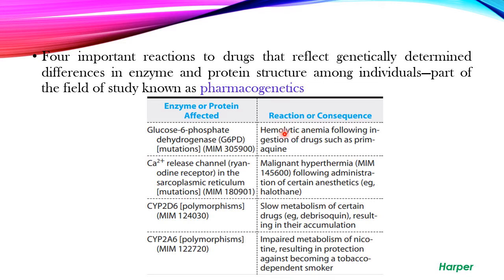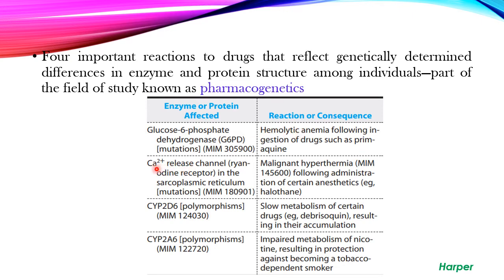This hemolytic anemia is basically the response associated with the effect of this drug on the glucose 6-phosphate dehydrogenase mutation. So this drug does not produce hemolytic anemia if there is no glucose 6-phosphate dehydrogenase mutation. But if glucose 6-phosphate dehydrogenase is mutated in an individual, and the same individual ingests this drug, then this will be the consequence, that is hemolytic anemia.